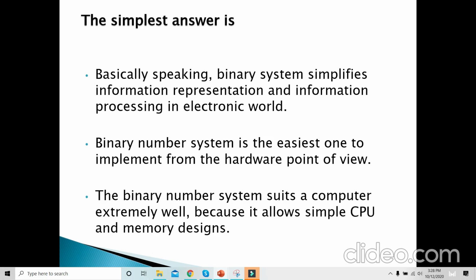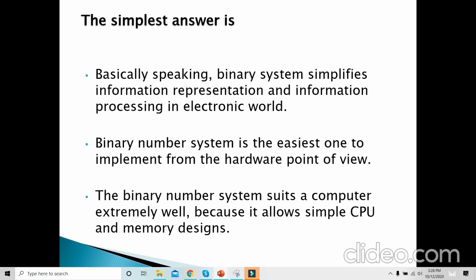To simplify the representation of information being fed into the computer, you just have to use two states, 0 and 1, the binary system.